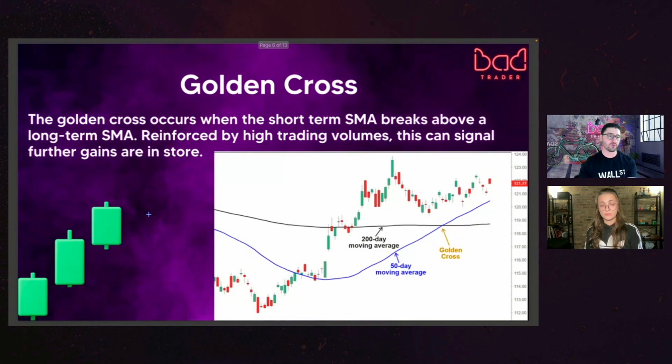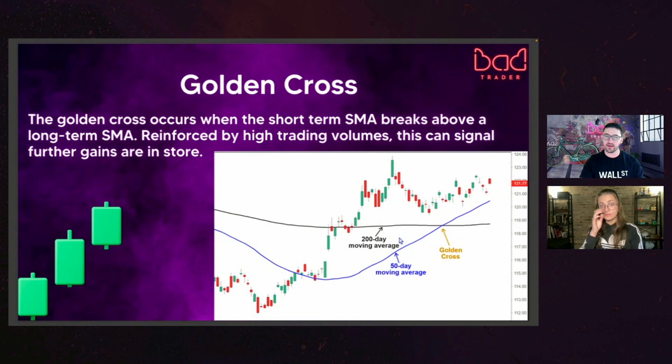And that's when we get into the golden cross. I think one of the most renowned movements in simple moving averages is the golden and death cross, which we're going to talk about. Well, what's a golden cross? The golden cross occurs when the short-term simple moving average breaks above the long-term simple moving average.